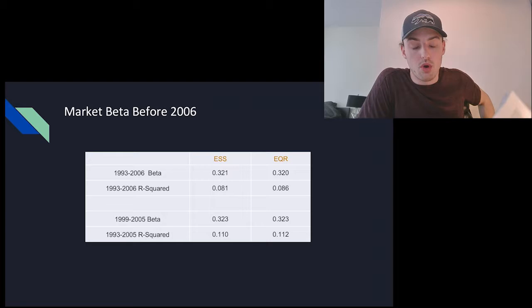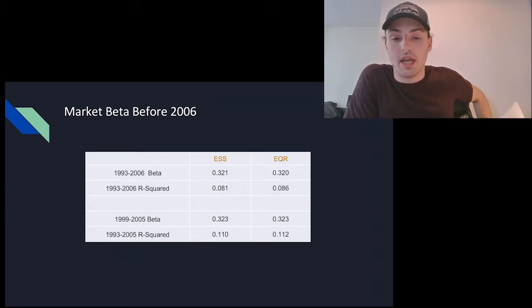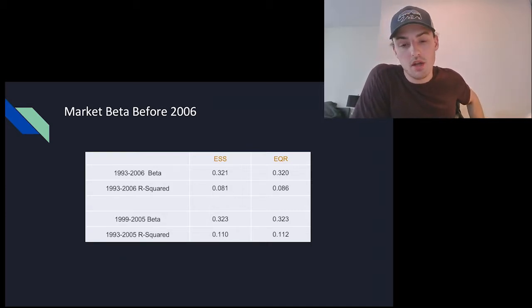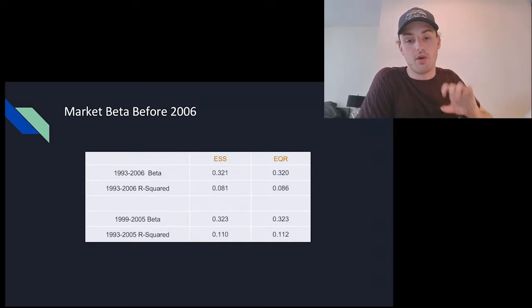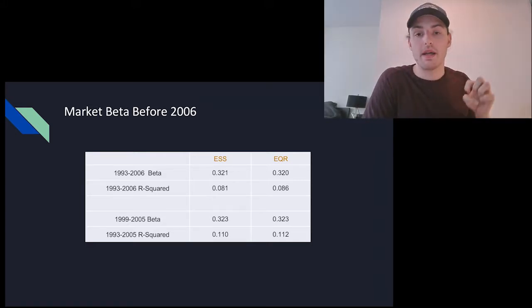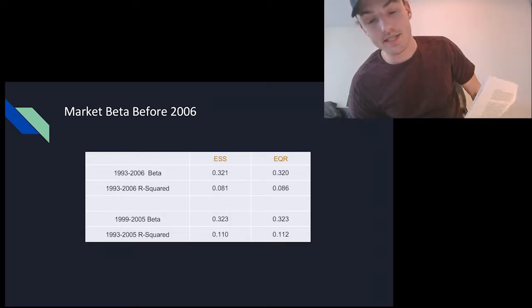And the whole purpose of conducting beta analysis is to get a sense of how related real estate has been to general market returns, and of course, real estate as measured by the proxy of these publicly traded real estate investment trusts.